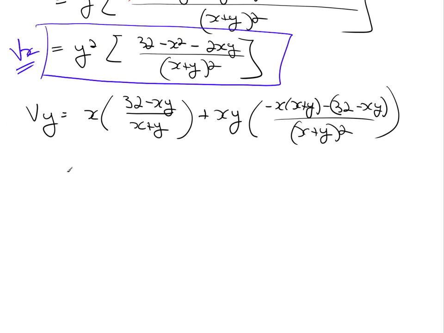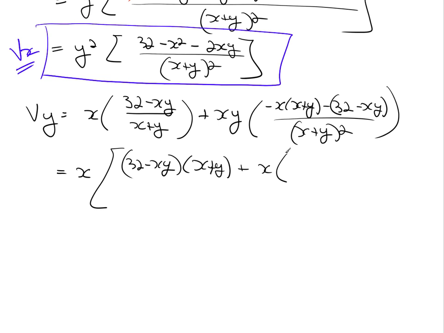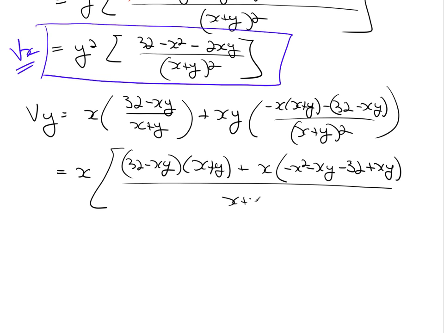So let's see, very similar to what I did last time. Let's factor out an x and work with, I need to add these together, so this is (32 minus xy) times (x plus y), plus I'm going to have x times, just work this out, this is a negative x squared minus xy minus 32 plus xy, and of course this is all over (x plus y) squared.